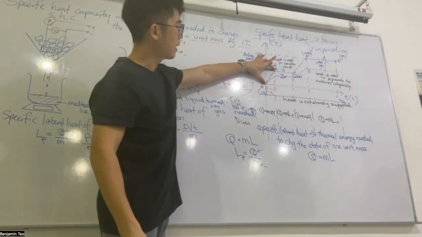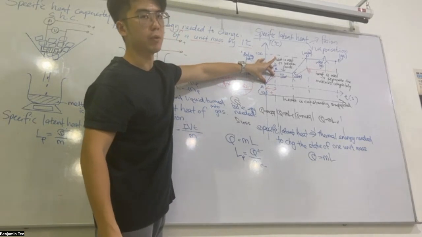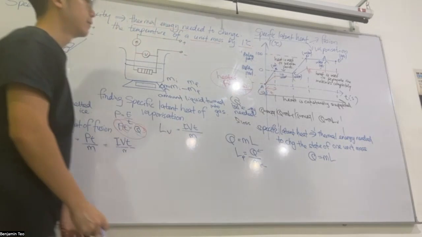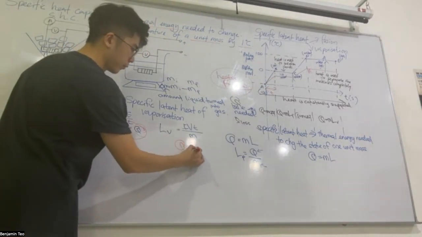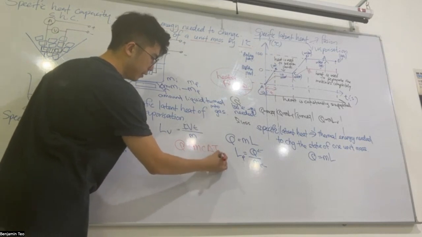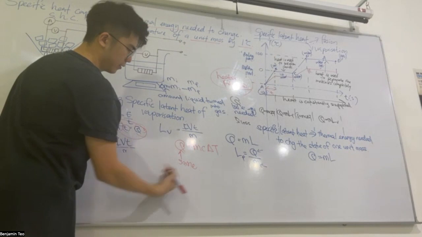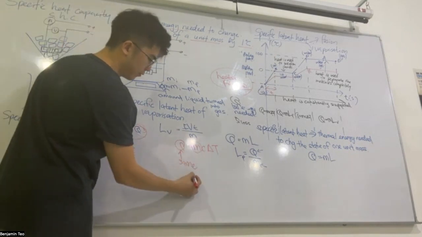But this one has a higher change in temperature and this one has a lower change in temperature. So who has a higher specific heat capacity? Q = mcΔT. Q is the same for them, and the mass is the same, so this is inverse.